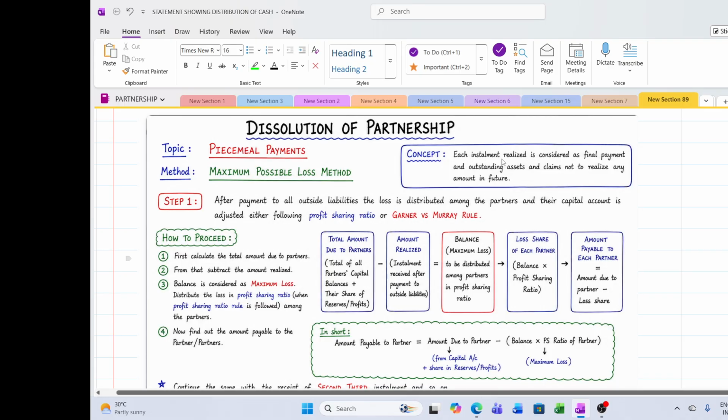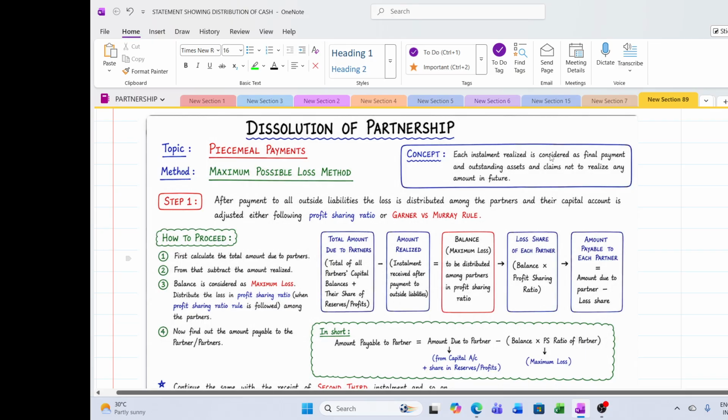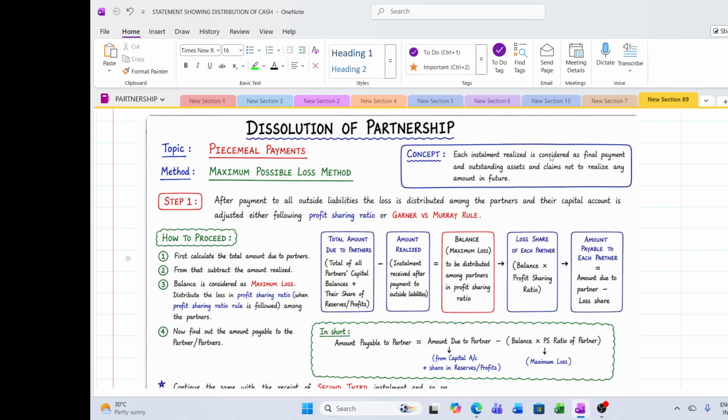The concept is that each installment is realized after making all the outside payments, liabilities. This amount realized is considered as the final payment, and whatever assets are yet to be realized and claims to be recovered, we consider that they are not going to realize any further amount.